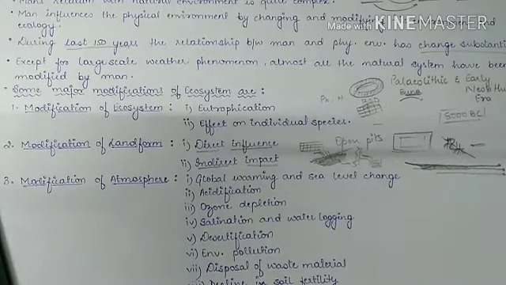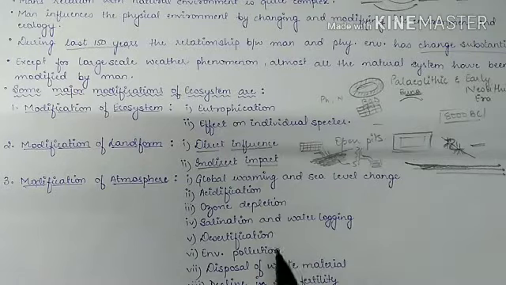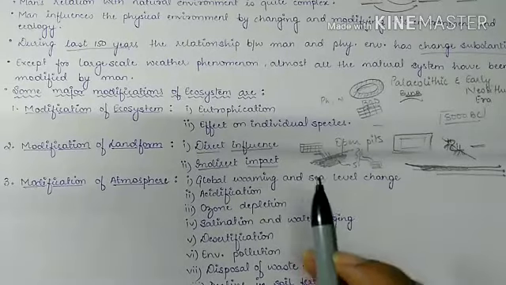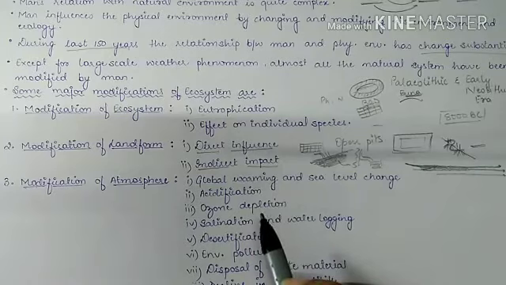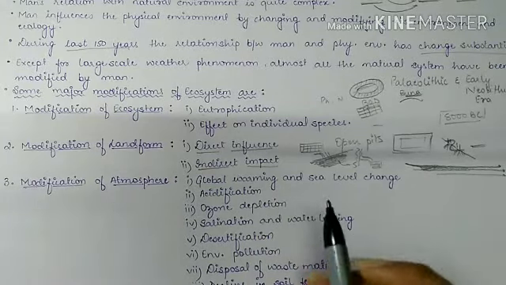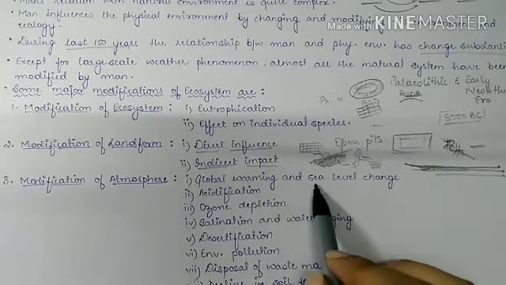Pollution includes both solid pollution as well as liquid particles such as sulfur dioxide, oxides of nitrogen like NO, NO2, NO3, then we have carbon monoxide, etc. So if we summarize the impact of man on environment, basically on atmosphere, then we can say that global warming is one of the effects, and because of global warming we have sea level change.